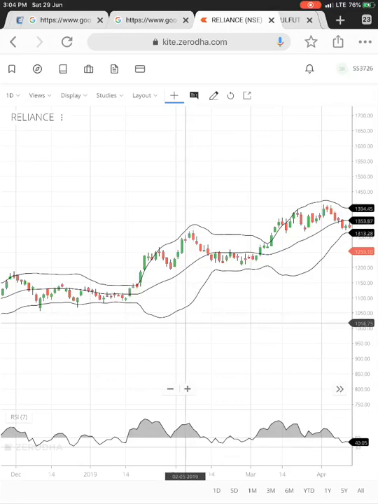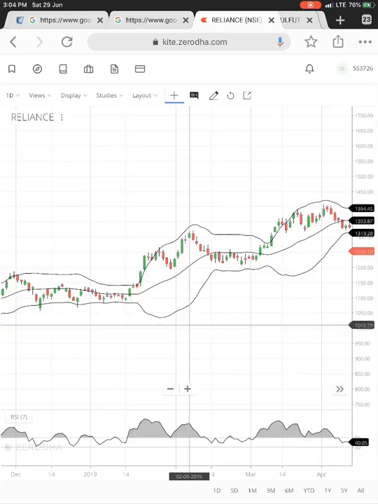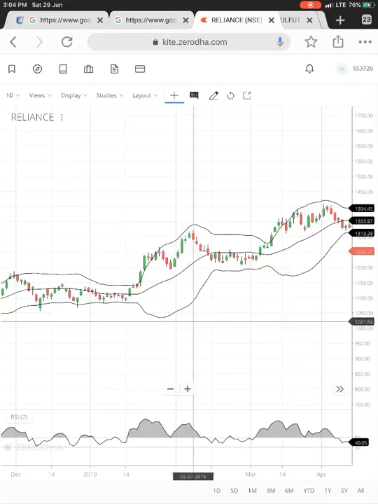This one is also a reddish candle, but the trend has not ended, because the next candle is a green candle, so the trend continued. Whereas here, the candle after the reddish candle is once again a downward, reddish or bearish candle. So the trend ended here.